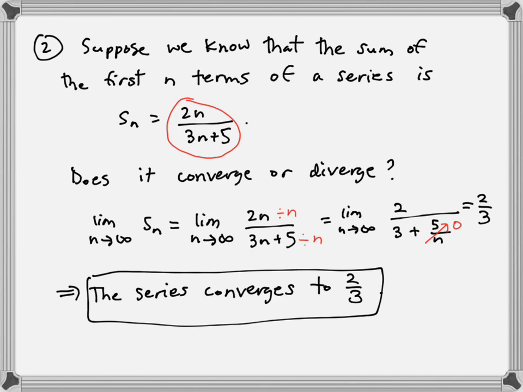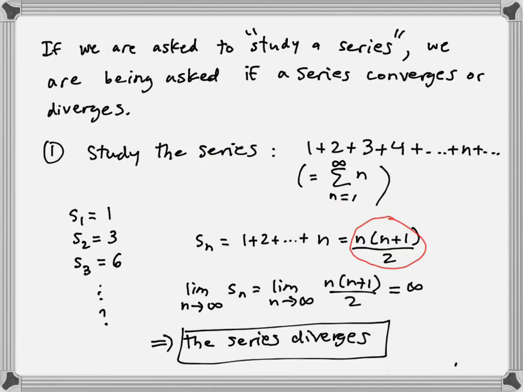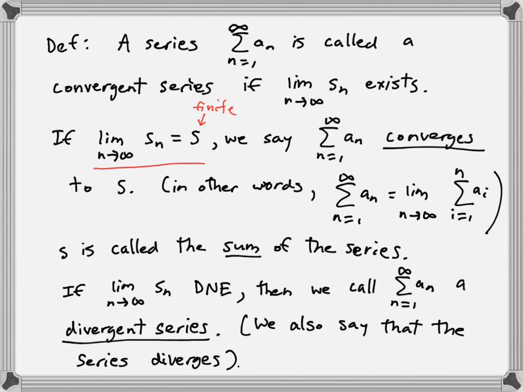They told us what the Sn was. But usually you're not going to know Sn. Usually a series is just going to be given to you in sigma notation, and you're not going to have a way to write down Sn. There's not going to be some nice formula.